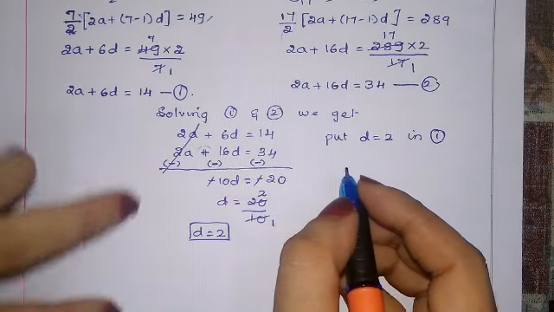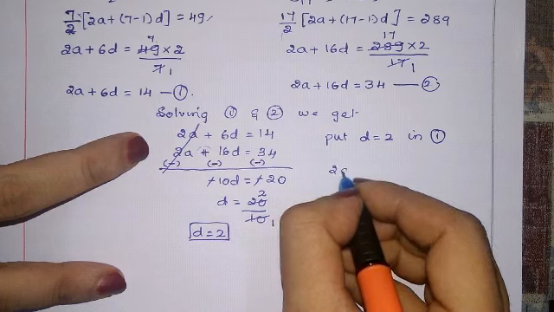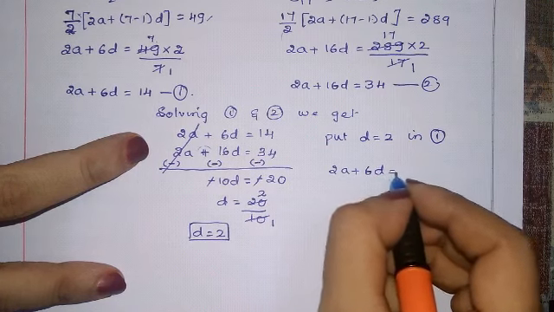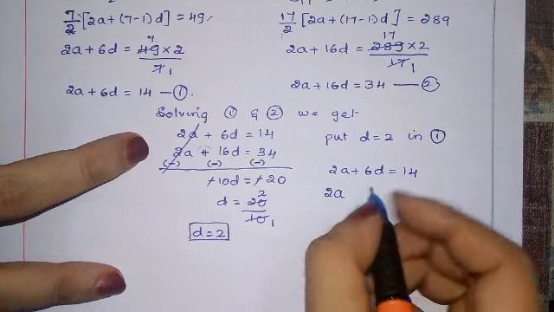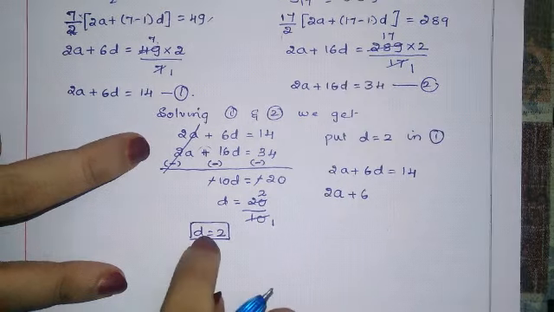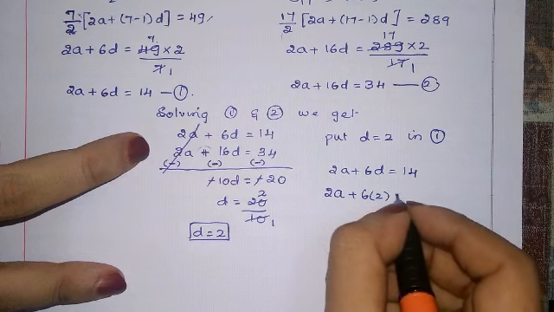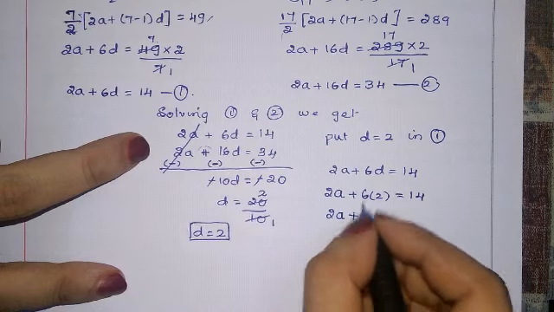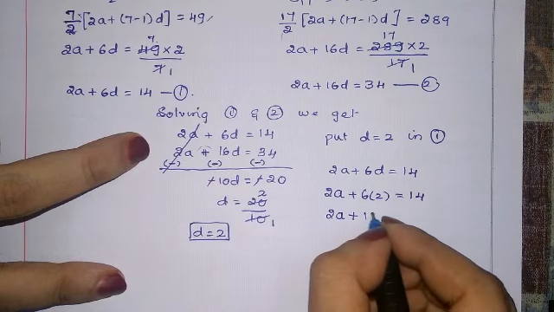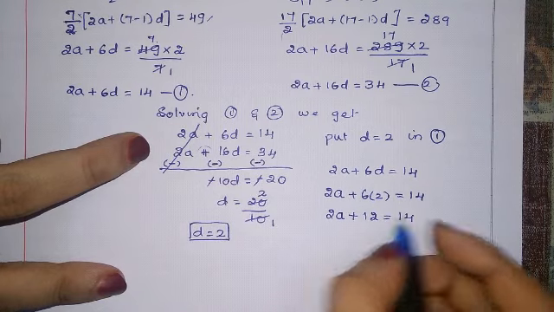So equation 1 we will write: 2a plus 6d is equal to 14. 2a value we don't know, we'll keep as it is, plus 6 into d value is 2, is equal to 14. 2a we will keep as it is, plus 6 2s are 12, is equal to 14.